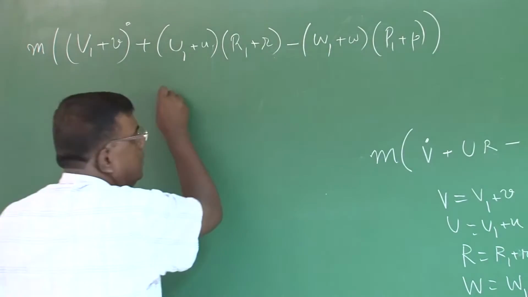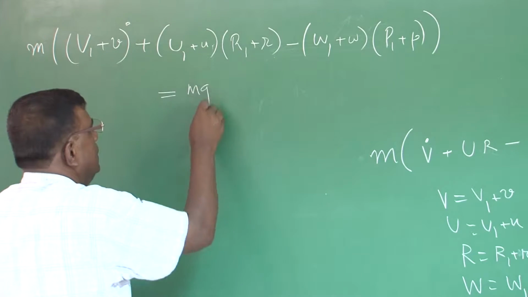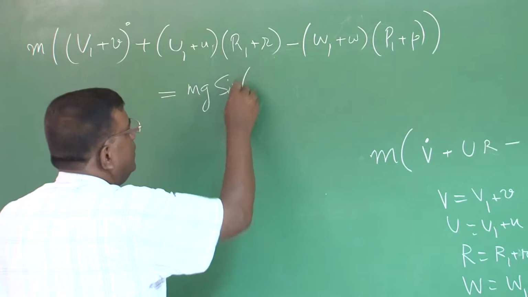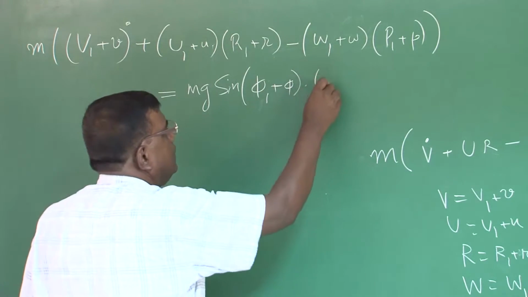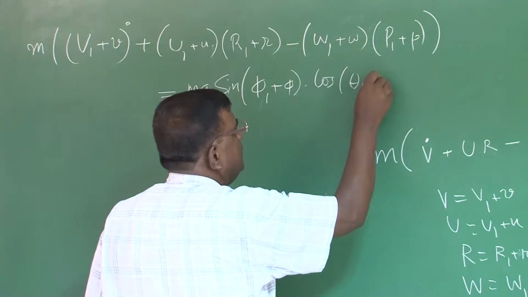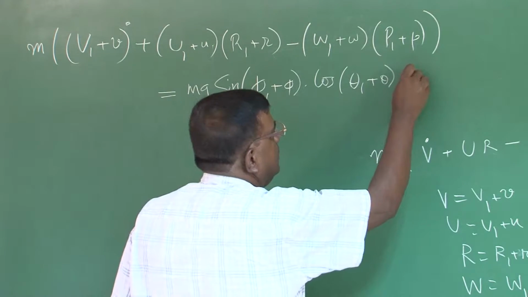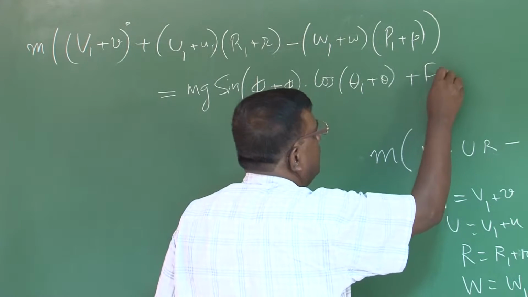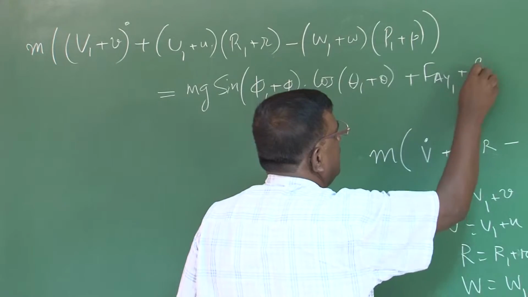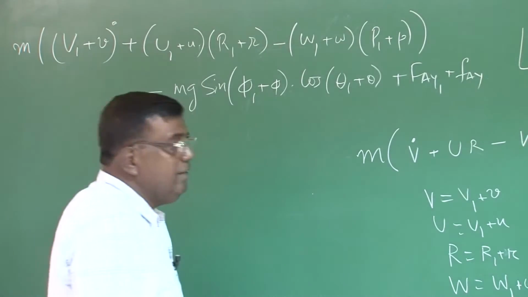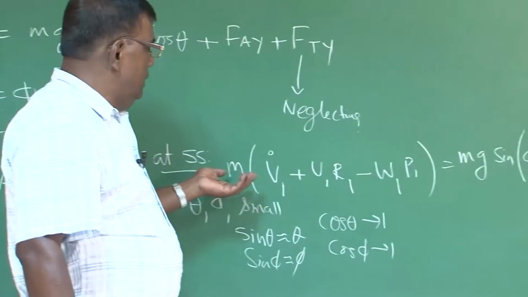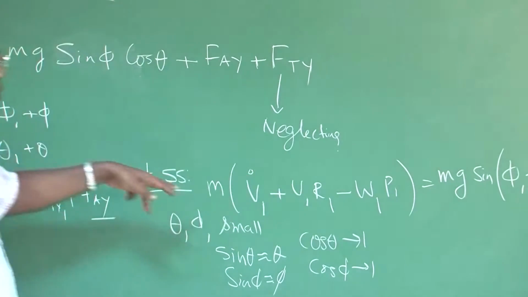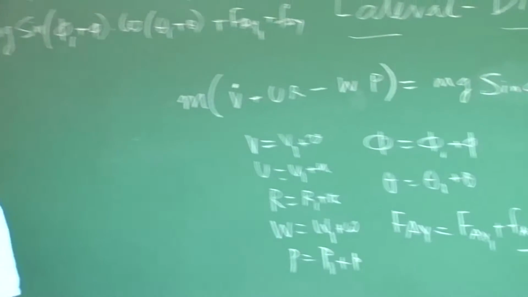This is equal to mg sine of (phi 1 plus small phi) into cos of (theta 1 plus theta) plus psi 1 plus psi. You could easily see this, which you have seen for longitudinal case also. Since at steady state this is true, this can be easily taken out from here.